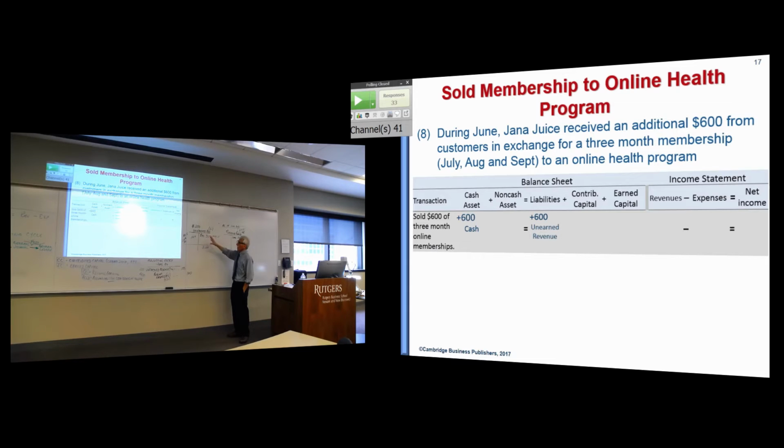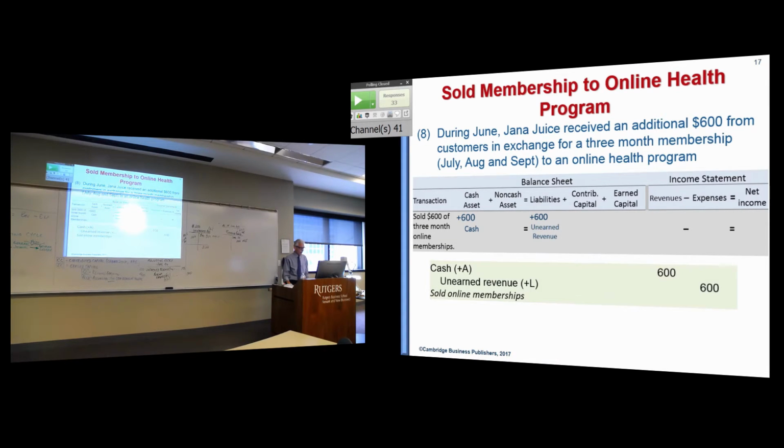It's a different number this month, but having a different balance here doesn't change the fact that at the end of the reporting period, some of that may be earned. At the end of July, you're going to have 1 month of that being earned. In this case, it would be $200. And of course, you debit cash and the liability, and posting that to the T account.